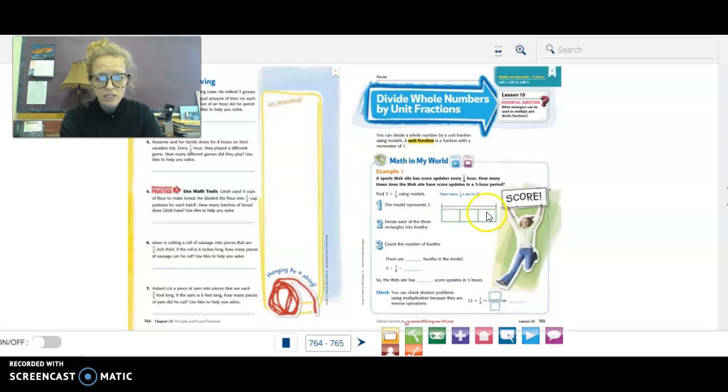Each of these blocks in here is a whole, so I have 3 wholes. And within those wholes, I'm going to divide each into how many slices? Right, into quarters. So each one is going to be divided into quarters. Let's keep that in our head. We're doing 3 divided by 1/4.